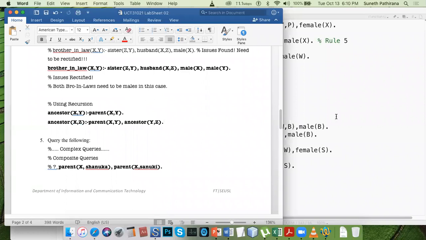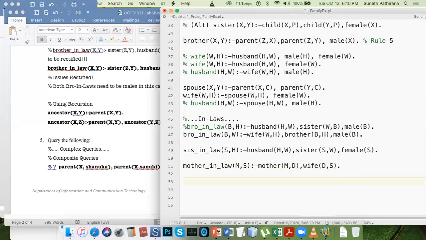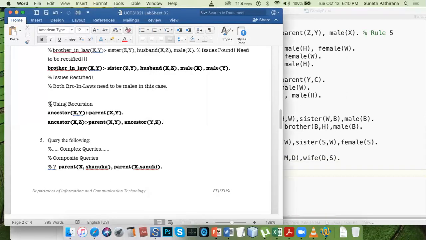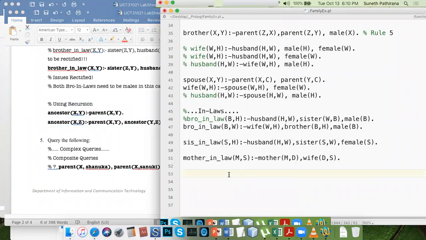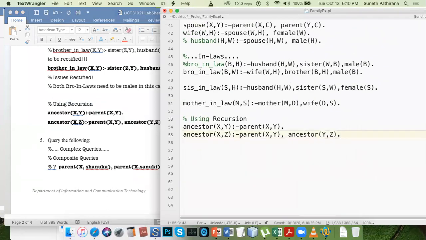Usually it's not a formal definition. So forget about the previous things. I am now going to introduce new rules to our program. So this is the ancestor.